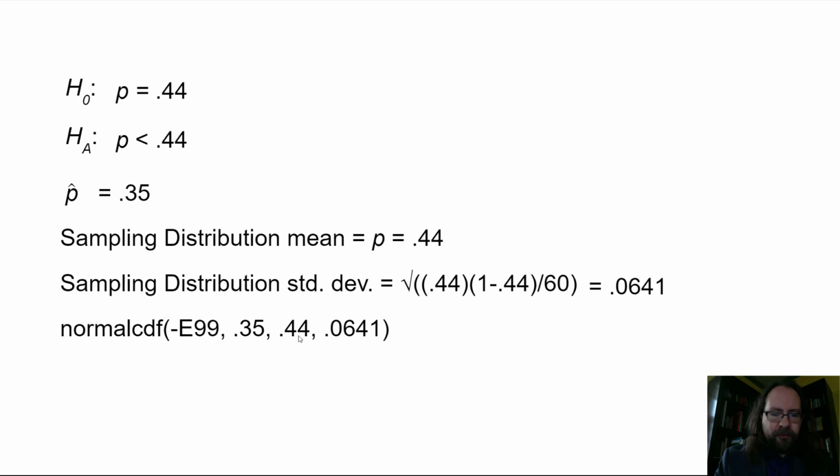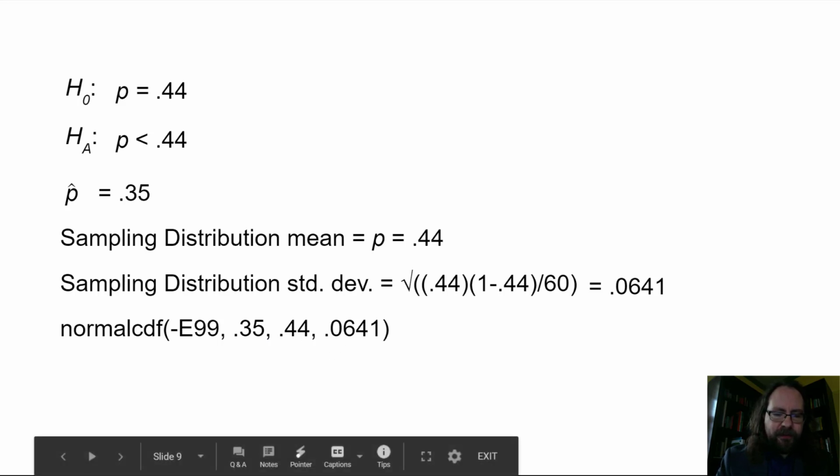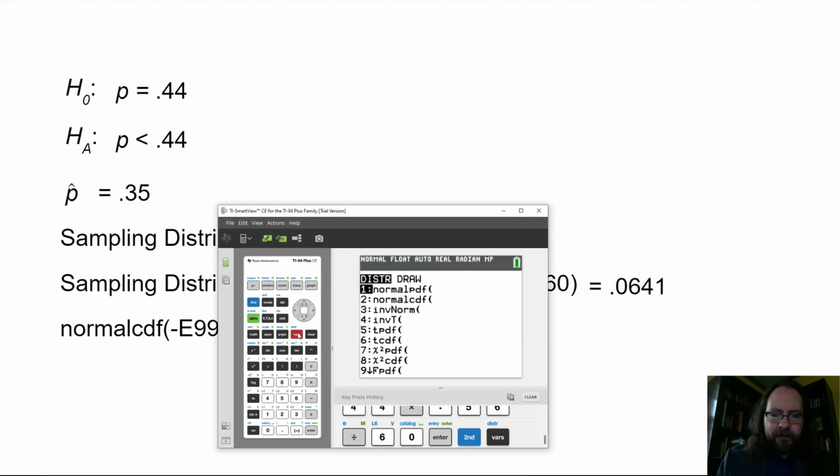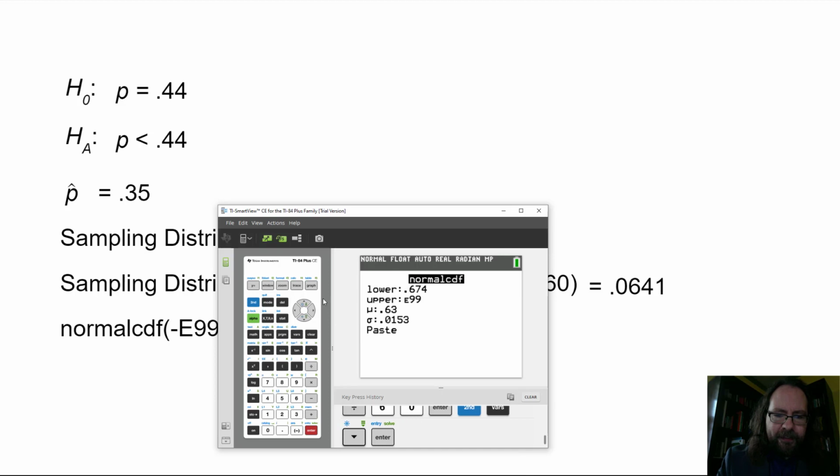Our mean is 0.44. And our standard deviation is 0.0641. So once again, I'm going to go into my calculator, go into normal CDF, and now we're just going to put in our new values, negative E99. Our upper value is 0.35. Our mean is 0.44. And our standard deviation is 0.0641.